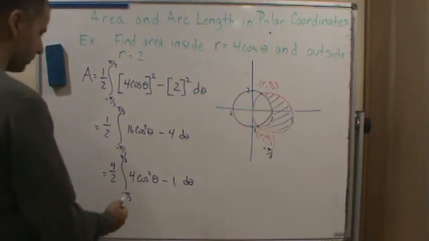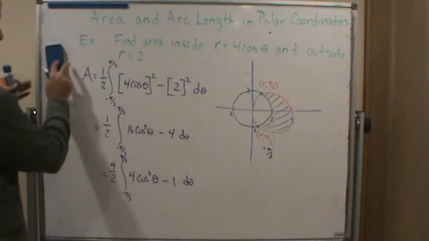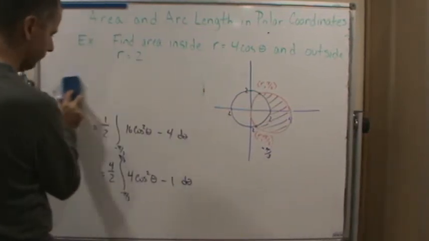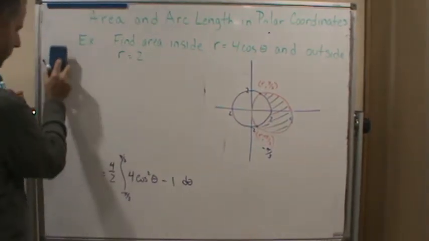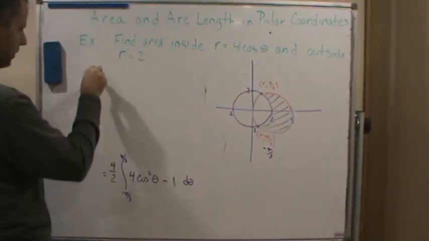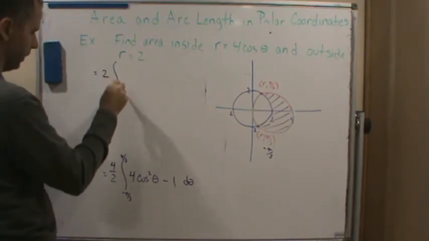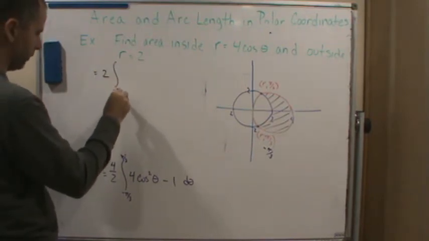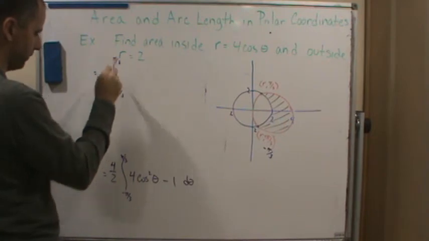Now, at this point, let's put in the identity. So this is going to be 2. So this is going to equal 2 times the integral from negative pi over 3 to pi over 3.